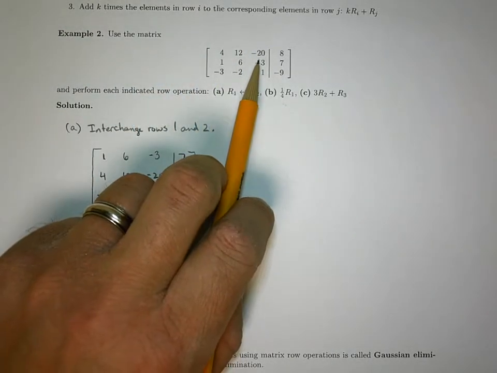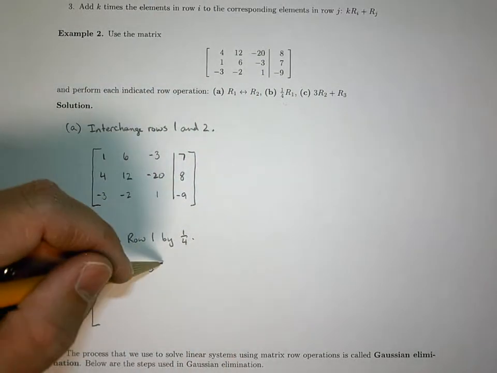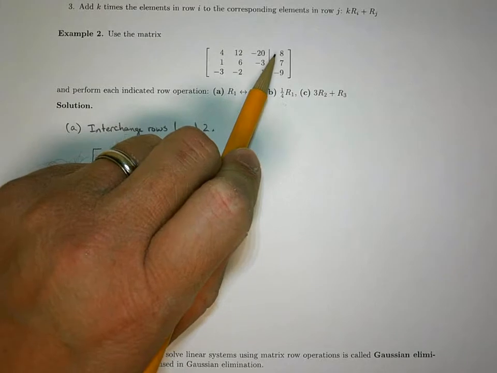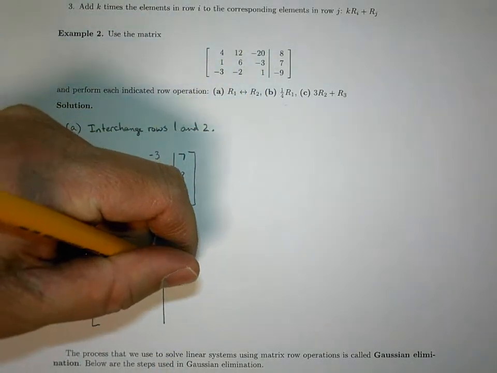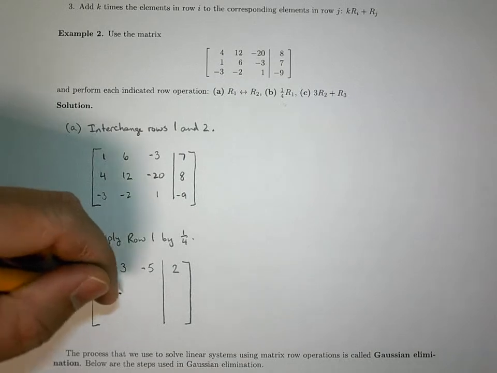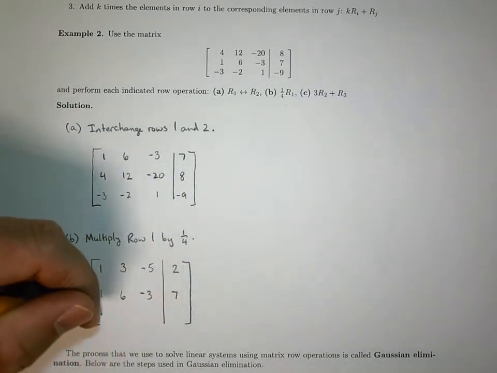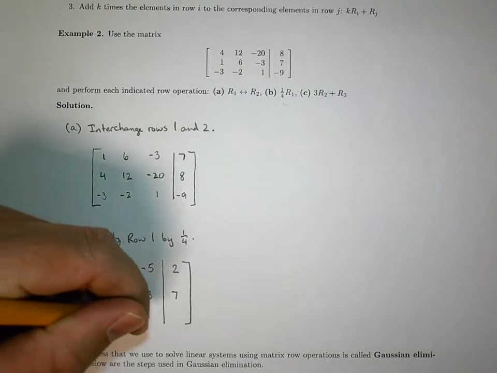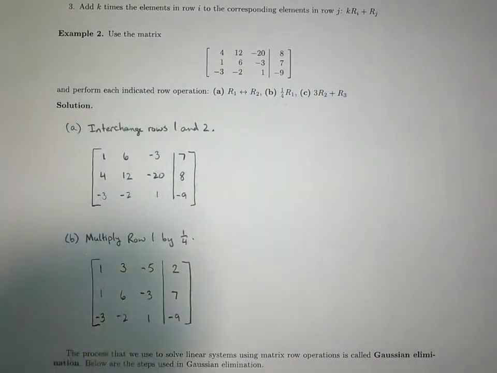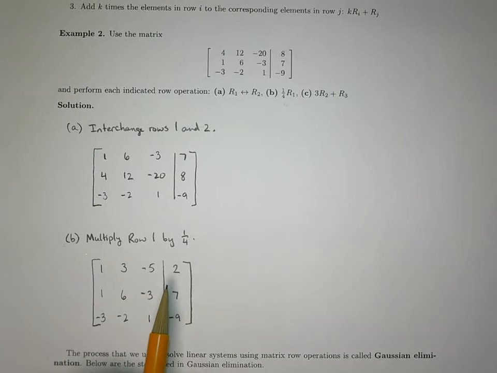If I multiply negative 20 by 1/4, that's negative 5. If I multiply 8 by 1/4, that's 2. The second and third rows are the same as before: 1, 6, negative 3, 7, and negative 3, negative 2, 1, negative 9. So our new matrix has the first row multiplied by 1/4 of what those numbers were in the original part of the example.